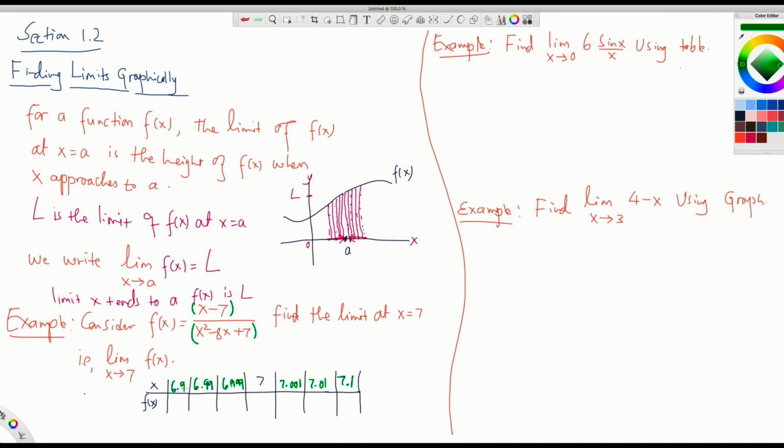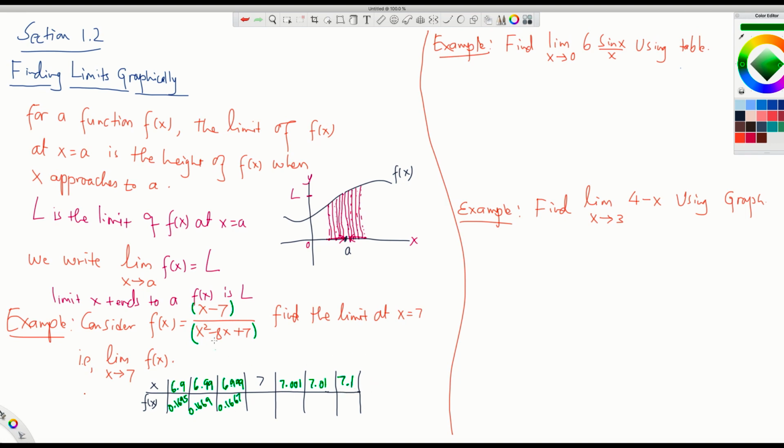If you do that, at 6.9 I get 0.1695, okay? If I plug 6.99 for x here, I get 0.1669. And if I plug 6.999 here, then I'll get 0.1667, from the left, okay?